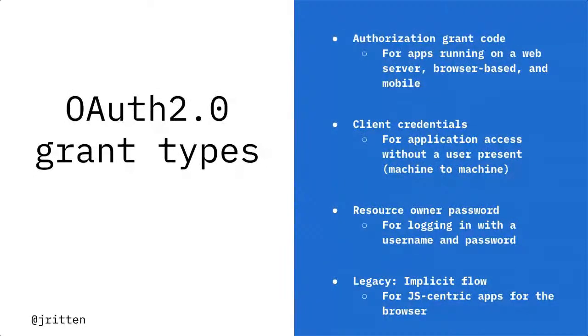So just keep in mind, when the application makes the request for the access token, that request is authenticated with the client secret. And this reduces the risk of an attacker intercepting the authorization code and being able to use it themselves.